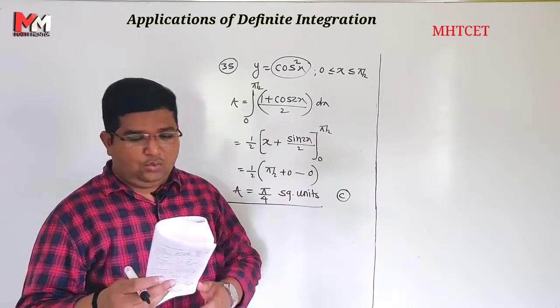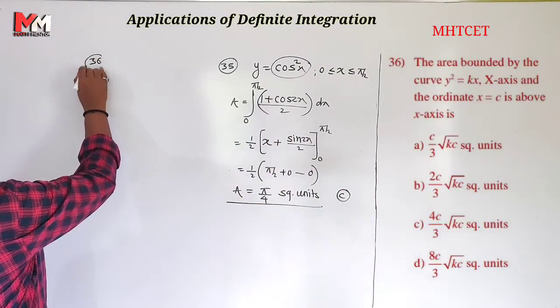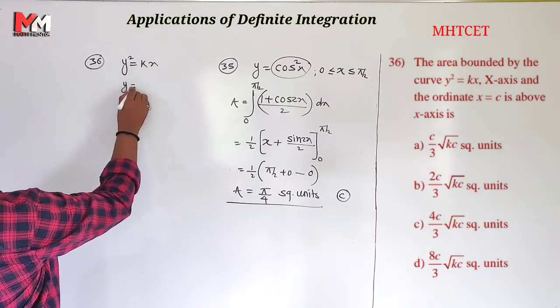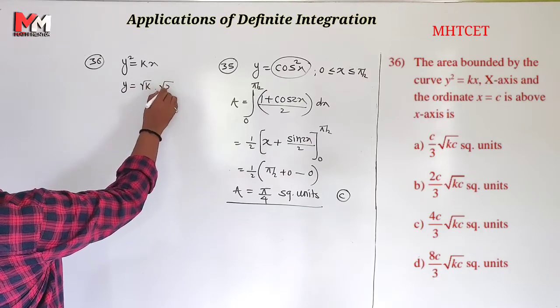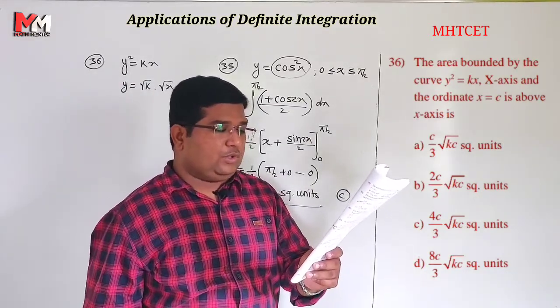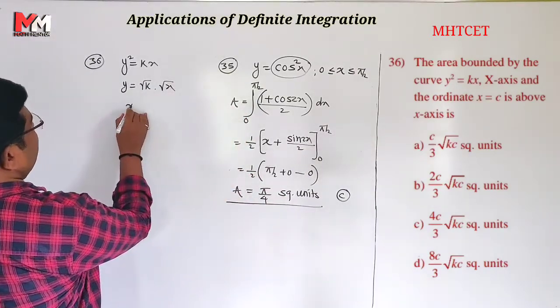Okay. Now 36. In MCQ number 36, he has given the parabola y square is equal to kx, that is y is equal to root k into root x, and the ordinate x is equal to c, above the x axis. He has given x is equal to c.